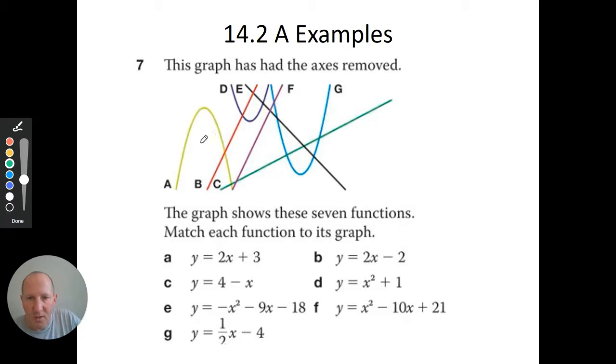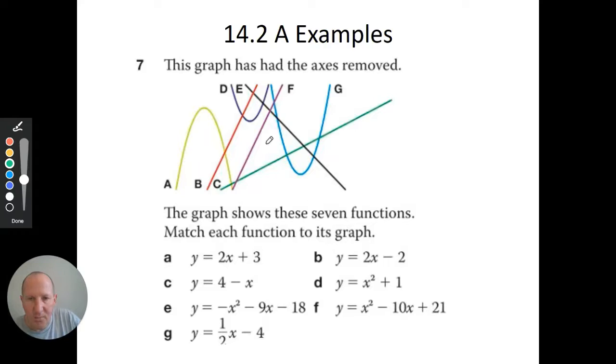If we look at all these equations, we've got 1, 2, 3, 4 linear equations, so 4 where we haven't got any x squareds in them. We've got 1, 2, 3 quadratic equations. And that matches up with what I've got here.